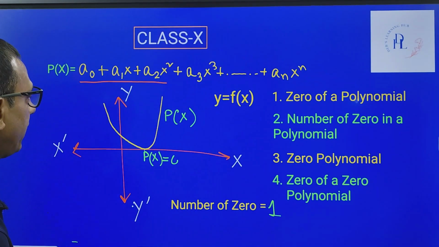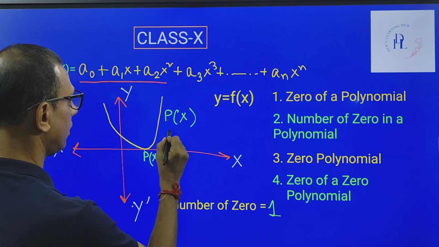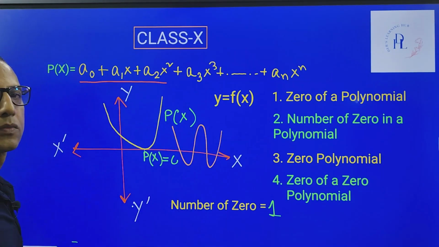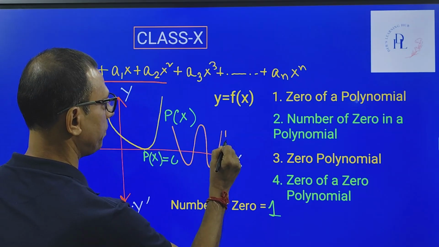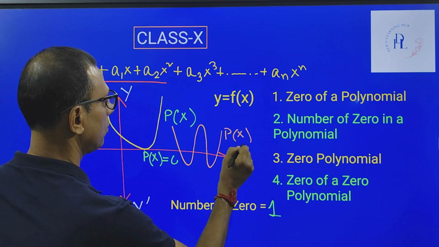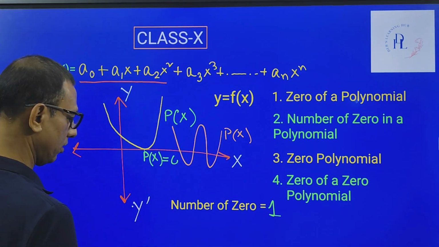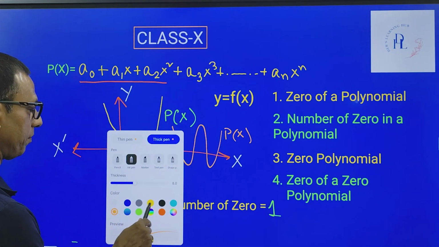If the graph is like this, let's say the graph is moving like this. So how many times is the value of p(x) 0? There are 4 points we can see from the given graphical representation.